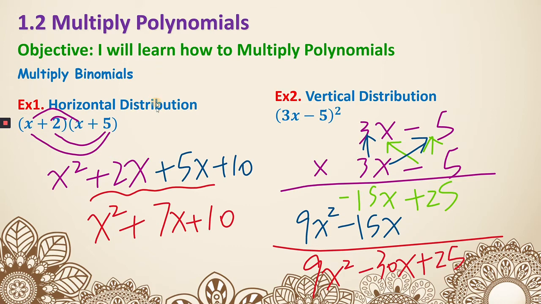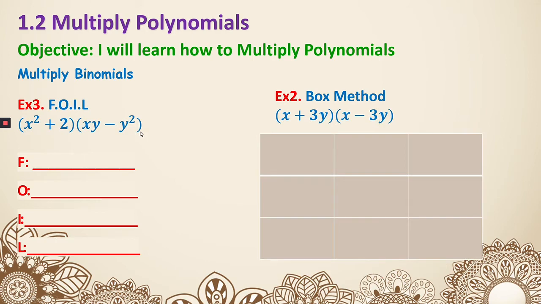Now let's look at the third method, which is called FOIL. F stands for front. Front. That means we just multiply the front ones. So x squared and xy. That gives us x cubed y. O stands for outer.